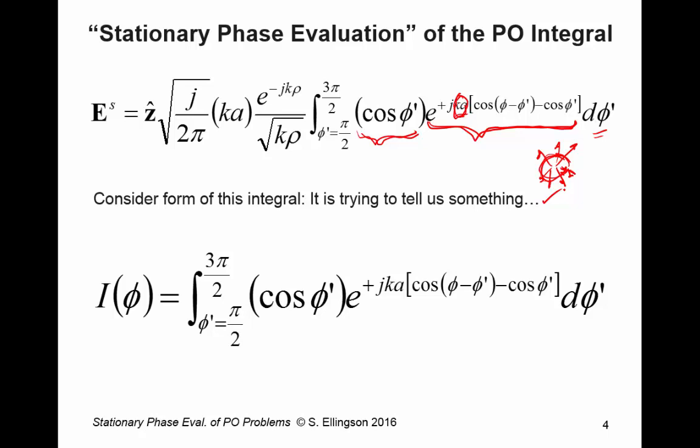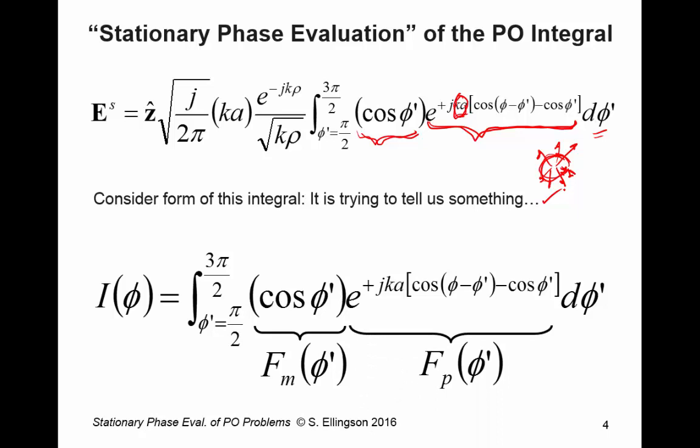If I look at just this integral by itself, and consider how I might more efficiently compute it, here is this slowly varying part, and here is this rapidly varying part. And it's not just rapidly varying, it's rapidly varying in a particular way. It's spinning around as I've shown here. I'll call those two parts f sub m and f sub p. So now the whole integral is an integral over the product of those two things.